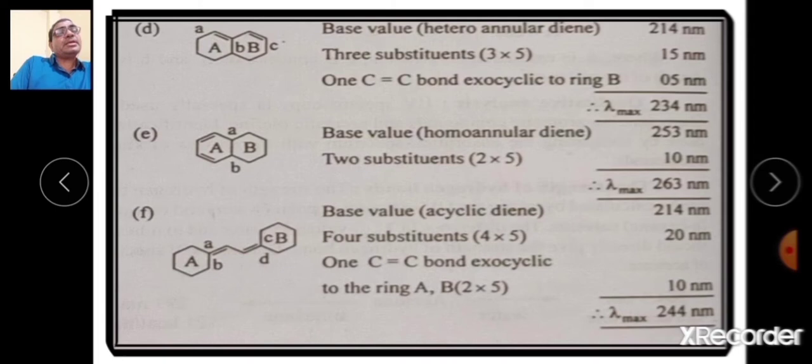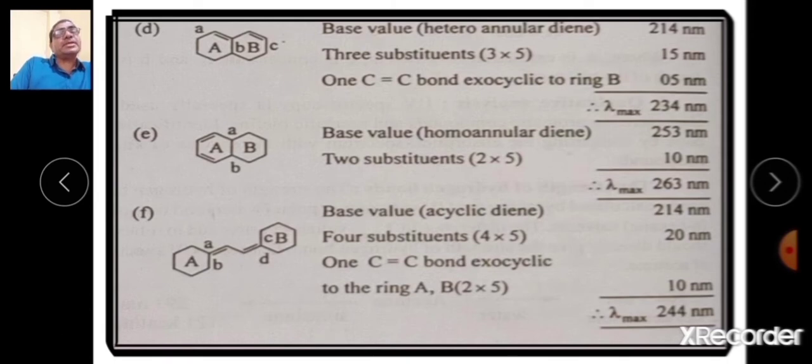There are A, B, C, three substituents, therefore 15 nanometer should be added, and one double bond is exocyclic to the ring B. Yes, the ring B is here, and the double bond is exocyclic, and therefore add 5. Lambda max becomes 234 nanometer.